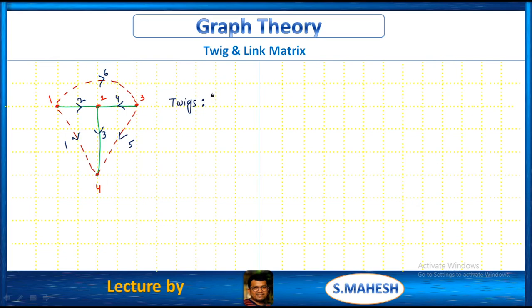How many twigs? Twigs are what? 2 3 4. Links? 1 5 6. That's it. So these are the twigs, and links are what? 1 5 6.